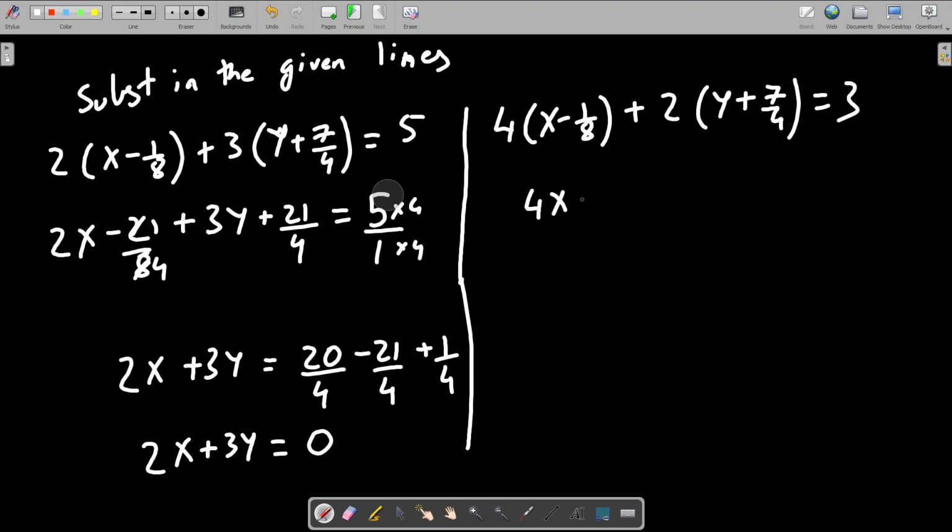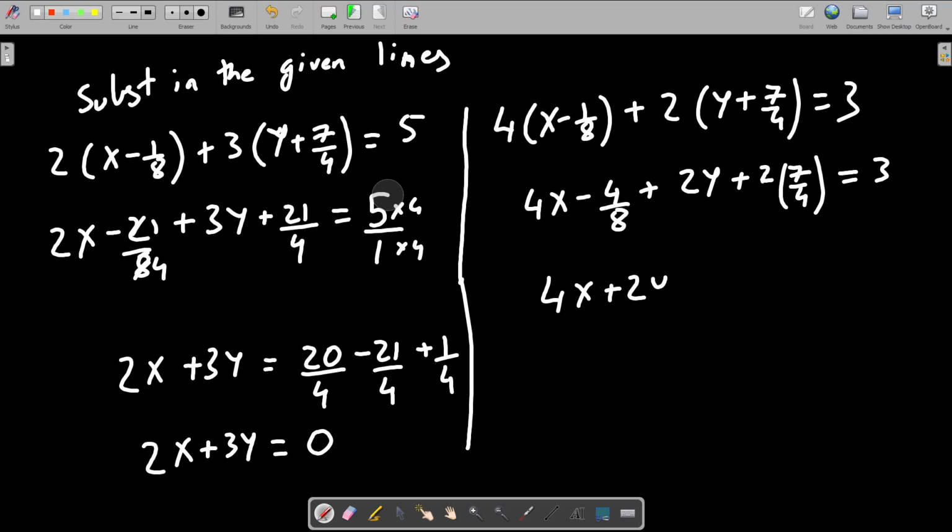Four X, this can be written as 4 by 8. This will become 2Y plus 2 into 4 by 8, 2 into 7 by 4, and this is going to be equal to 3, right? So this is going to become 4X plus 2Y.